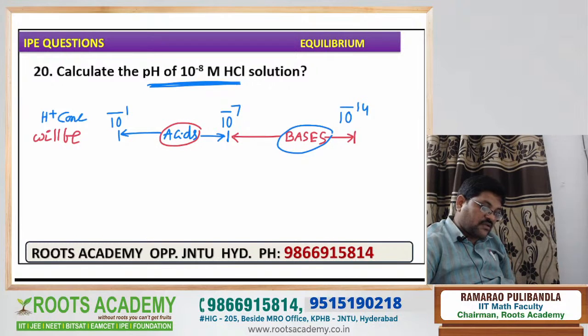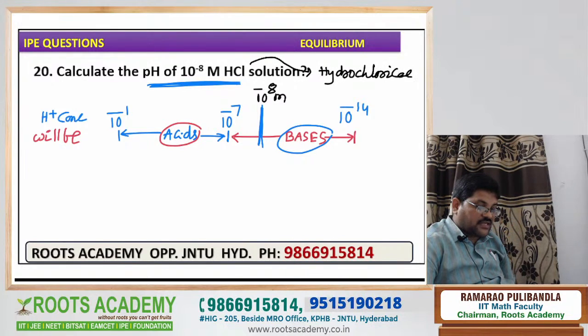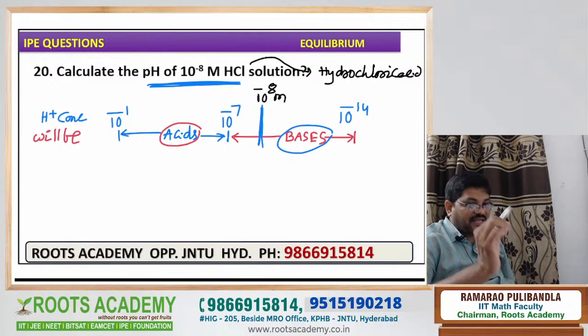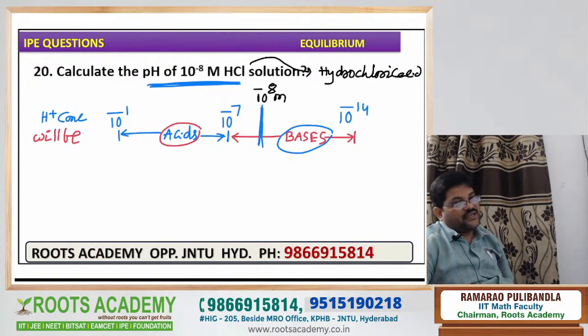Now what is given? 10 power minus 8. That means the value is given in the base part or in the acid part? 10 power minus 8 M is given in the base part. But HCl is what? Hydrochloric acid. HCl itself is an acid, but the concentration is given in the base part, at 10 power minus 8.